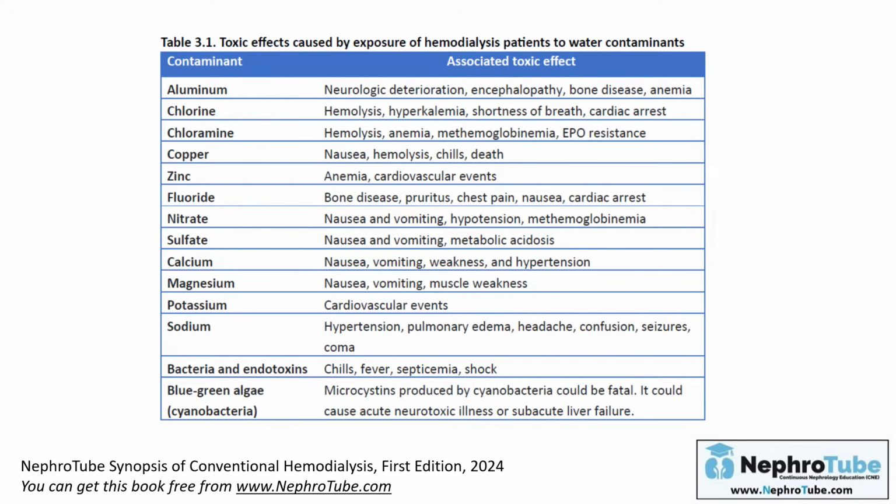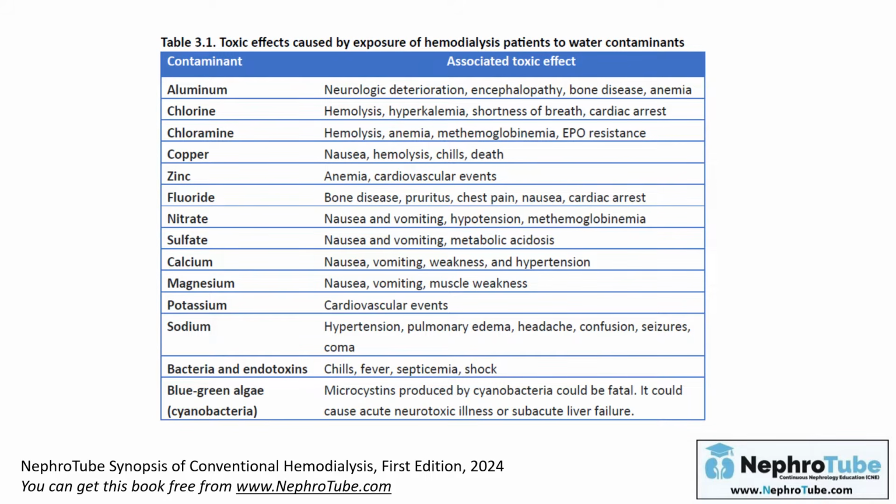This table shows some of the water contaminants and their adverse effects if these contaminants reach the patient's blood. For example, aluminium can cause neurological deterioration, encephalopathy, bone disease, anemia, and so on. Chlorine can cause hemolysis.